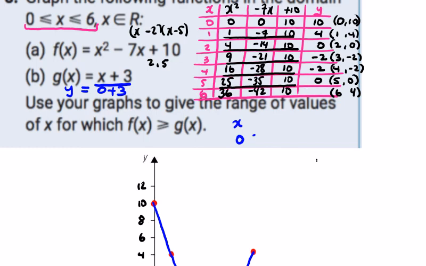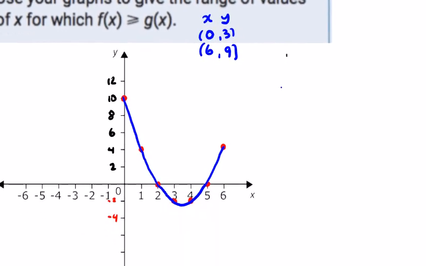So y is equal to 3. And when x is 6, we're going to get 6 plus 3, y will be 9. So the points 6, 9 and 0, 3. So 0, 3 will be here, and 6, 9 approximately here.